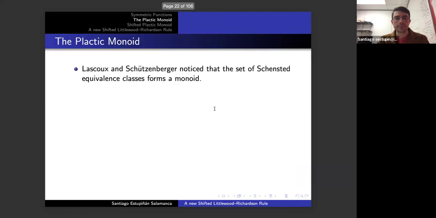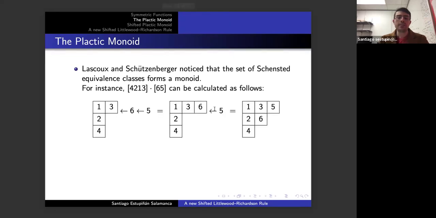This is an algorithm that comes from this notion of increasing sequences, but the reason that it ends up being relevant is because of the plactic monoid. There is a monoid whose elements are semi-standard Young tableaux, these diagrams that we saw before that have a partition shape.